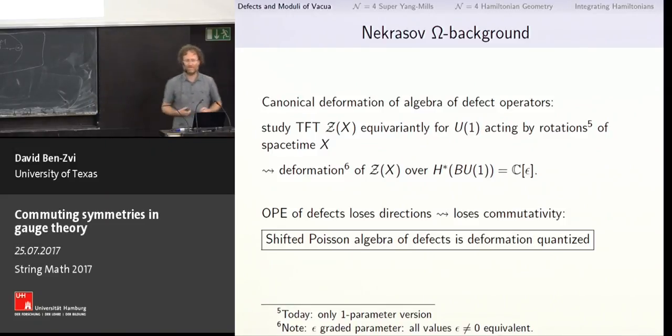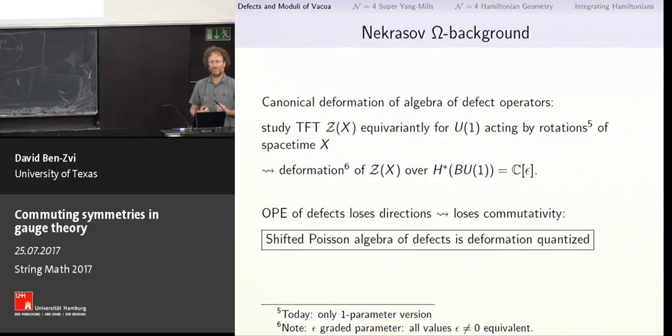So what is the operational meaning of that? Instead of having a single vector space Z of X, we have a family, this equivariant cohomology, a family parameterized by a parameter epsilon, which comes from the equivariant cohomology of a point, or cohomology, if you like, of BU1, of CP infinity. So we're going to consider deformations of the algebras of operators coming from thinking about them S1 equivariantly.